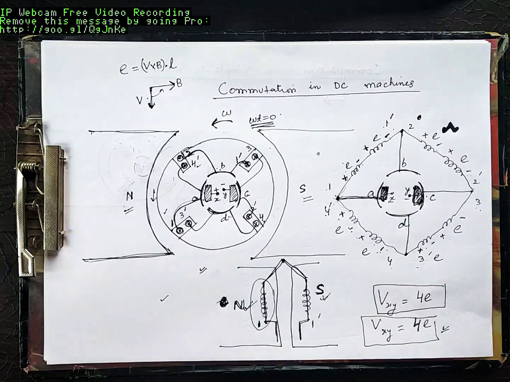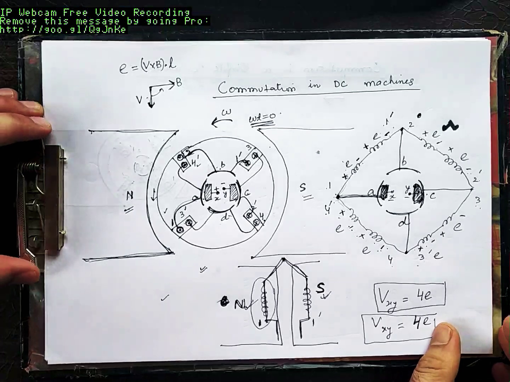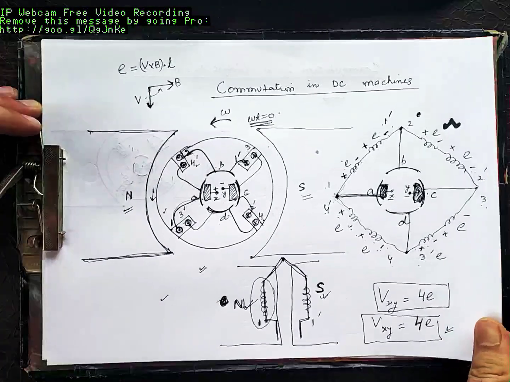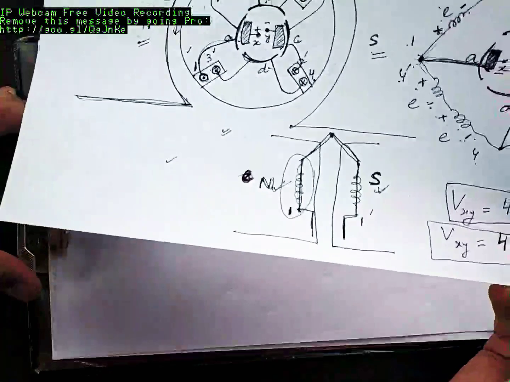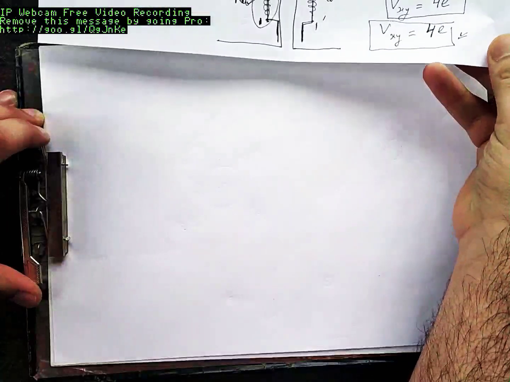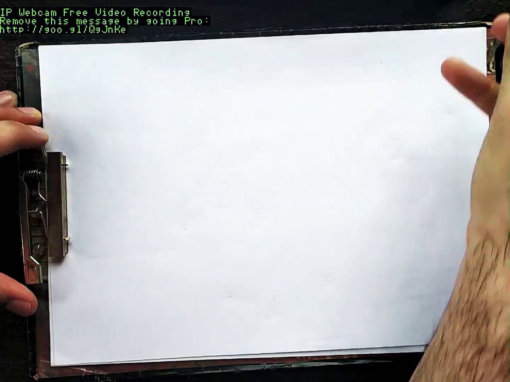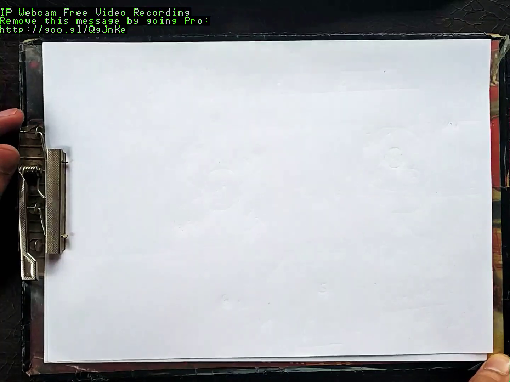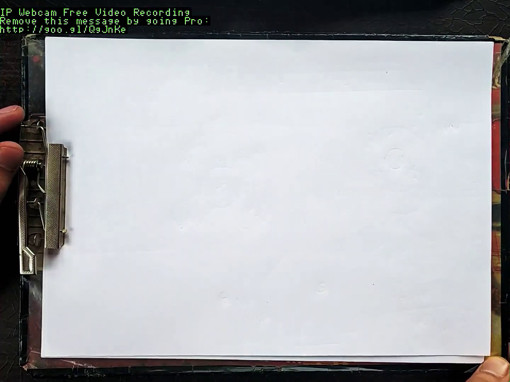Okay, now let's try to observe the same thing when this rotor rotates by some angle. Now let us suppose this rotor rotates by an angle of 45 degrees.